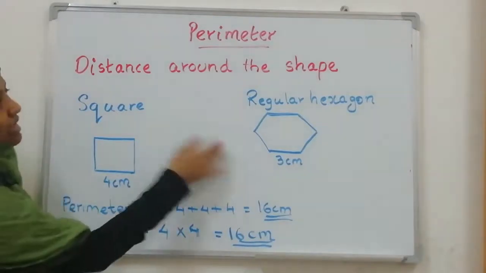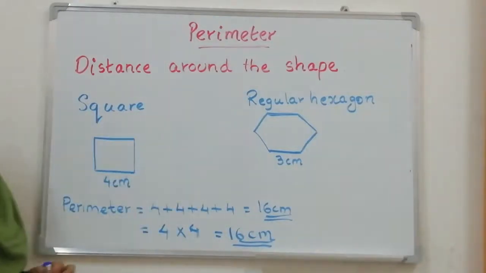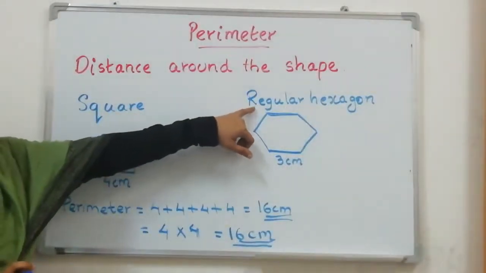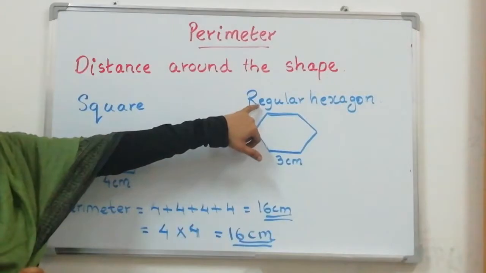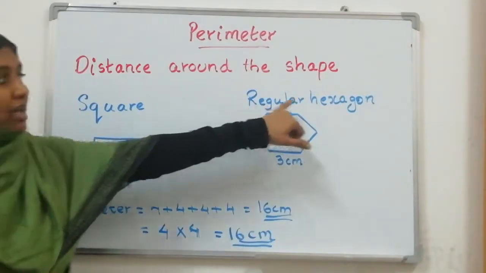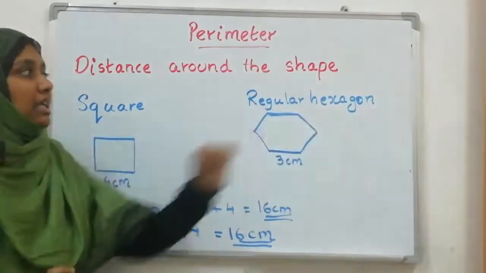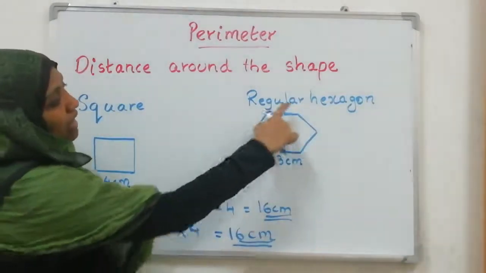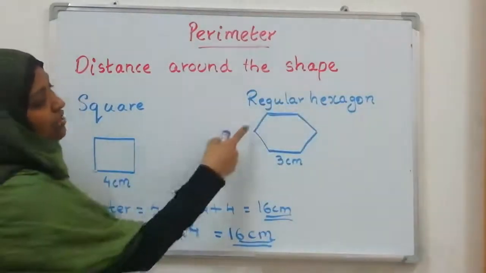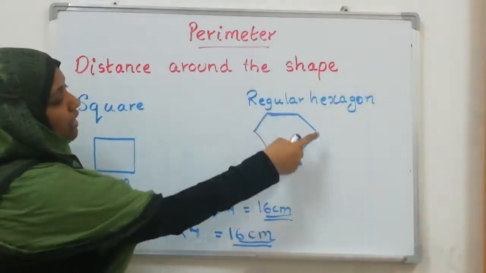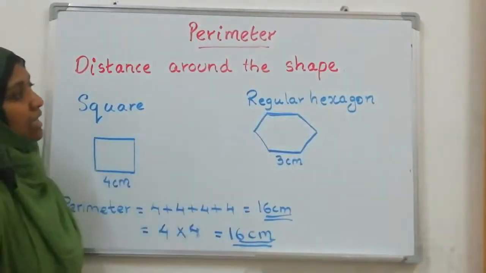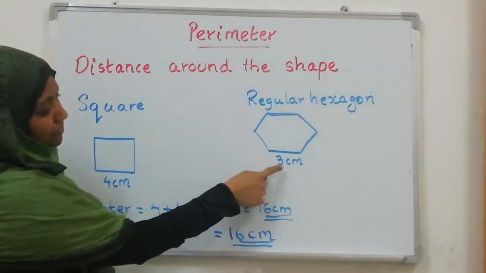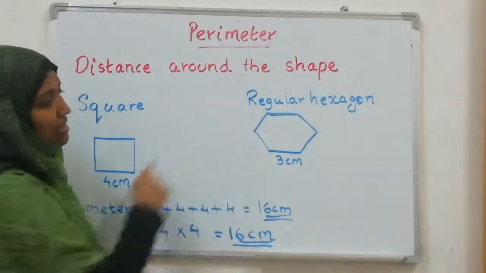The next shape given here is a regular hexagon. What is meant by a regular hexagon? Regular means equal sides, and hexagon means a 6-sided figure. You can check: 1, 2, 3, 4, 5, 6. It has 6 sides, and the length given is 3 centimeter.